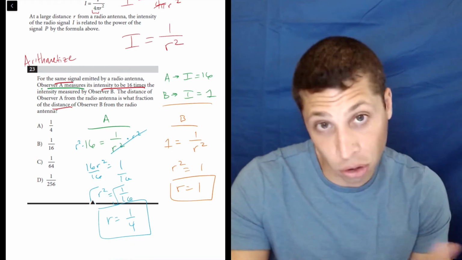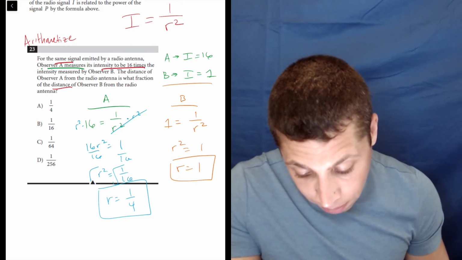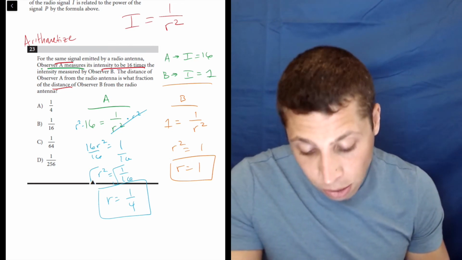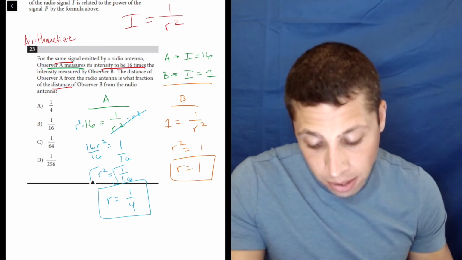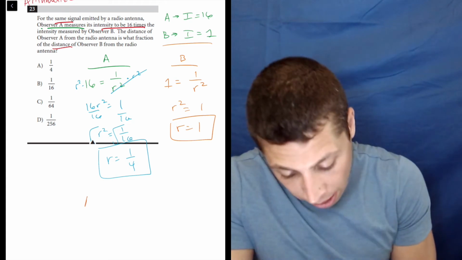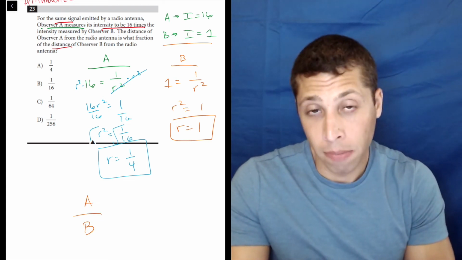So let me just show you how it would work. The distance of observer A from the radio antenna is what fraction of the distance of observer B from the radio antenna. So if we did that, we would say A over B is our actual answer.